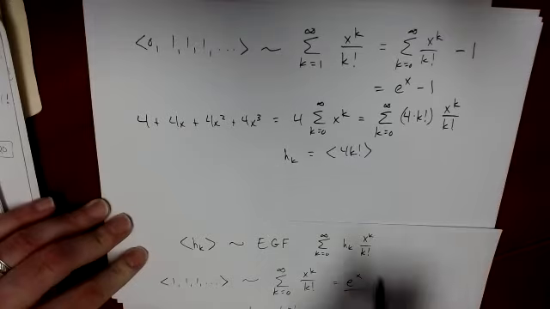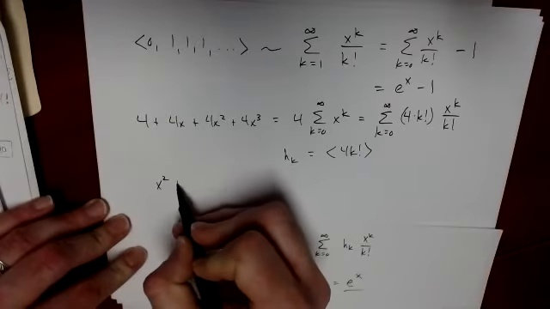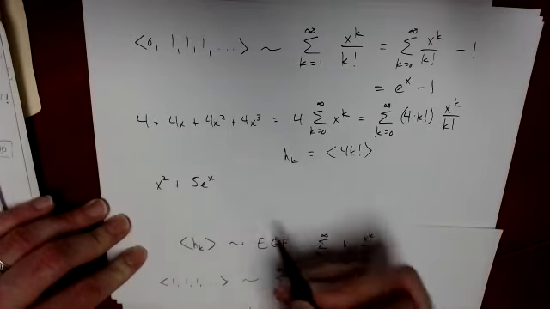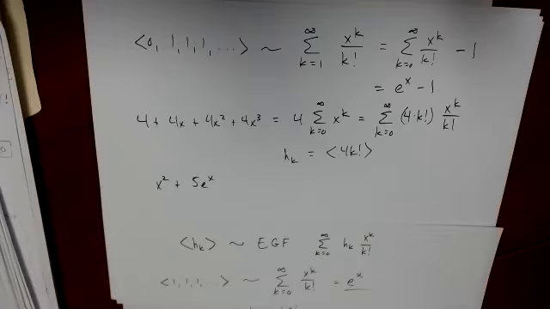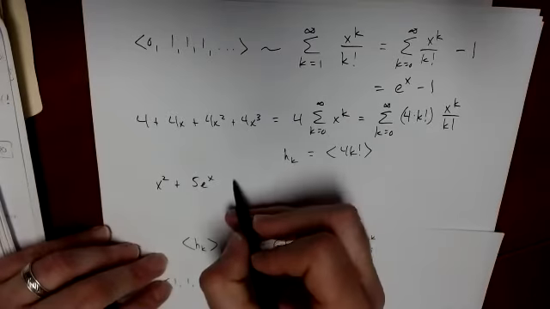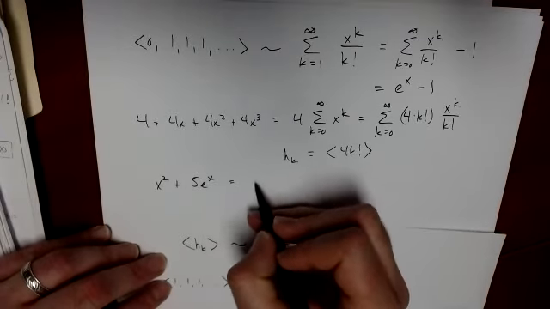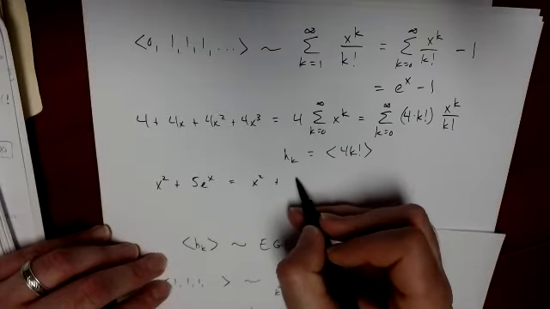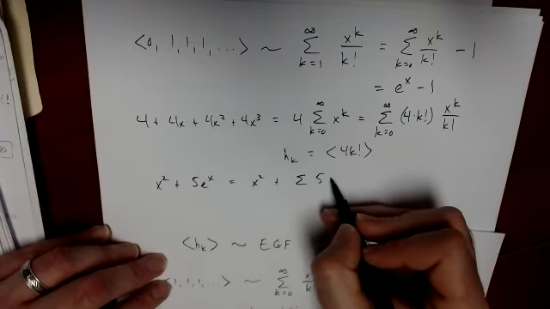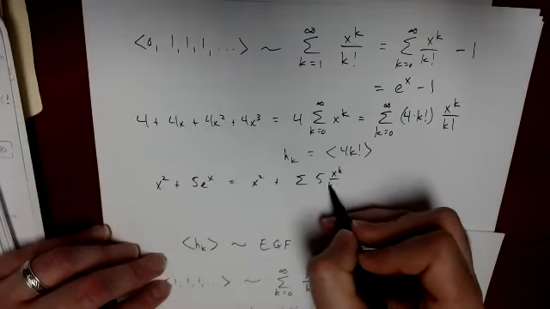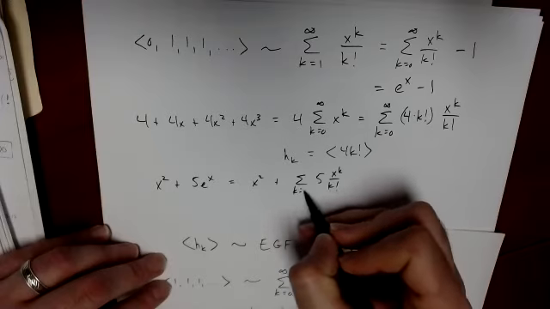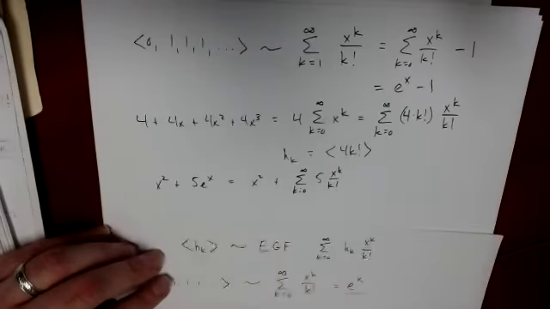How about x squared plus 5e to the x? Well, this is equal to x squared plus the sum of 5x to the k over k factorial as k goes from 0 to infinity.